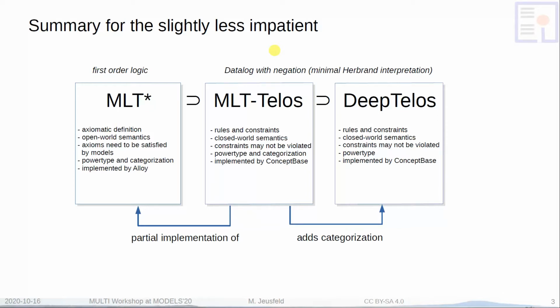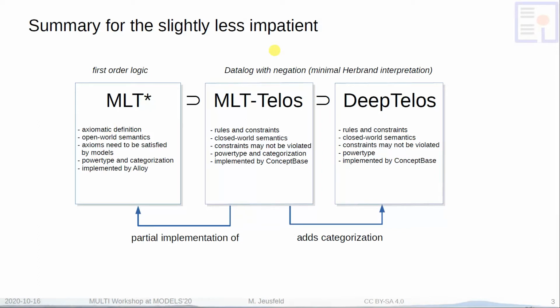That means things that are not the consequence of the rules and facts, which are special rules without a body: if you cannot derive that, then it's not true. So we have a specific semantics for the negation. Constraints may not be violated, so if you demand that some constraint always has to be true, then adding facts that would violate it leads to a rejection of these facts.